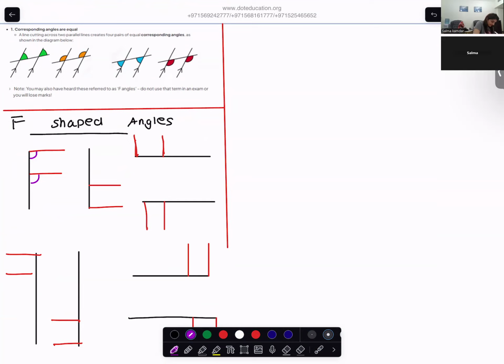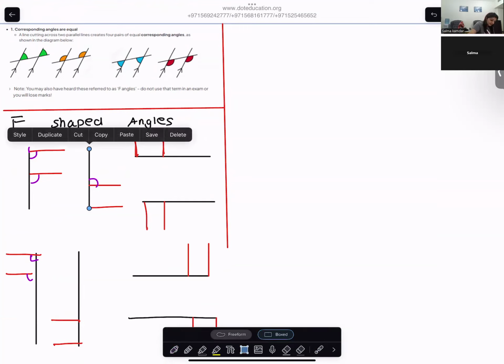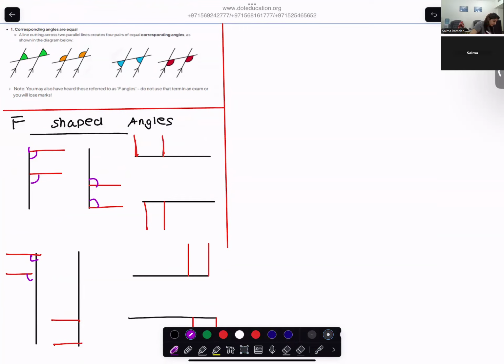So if you see, I have these vertical lines, an F to the right and an F to the left from the top. Vertical line, F to the right and F to the left from the top, from the bottom. Vertical line on the top, F to the right, F to the left.